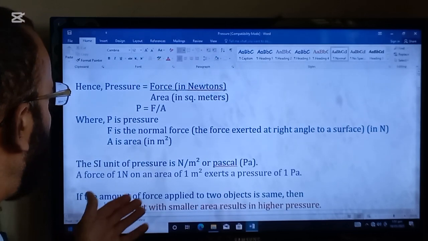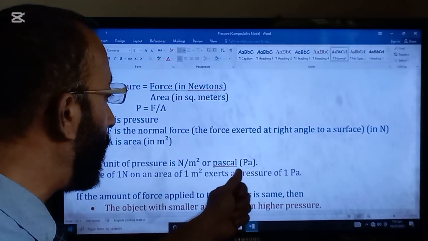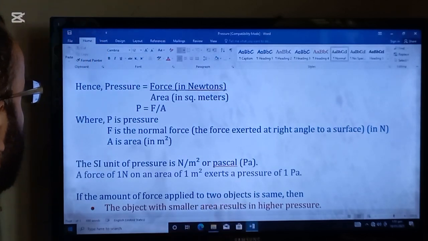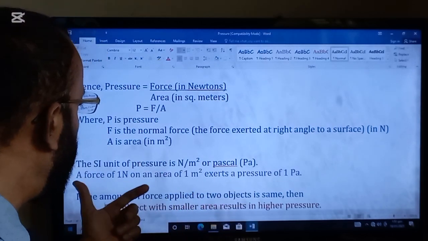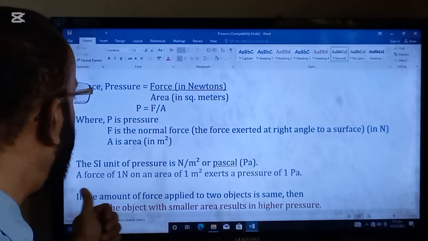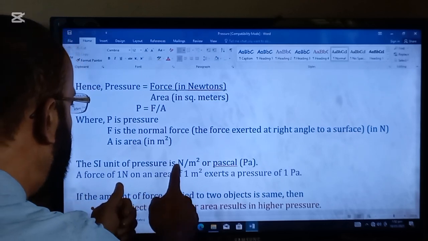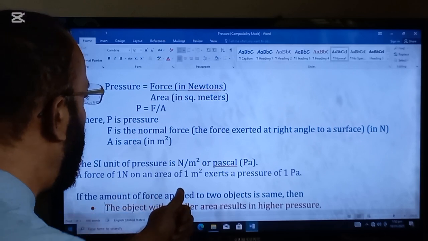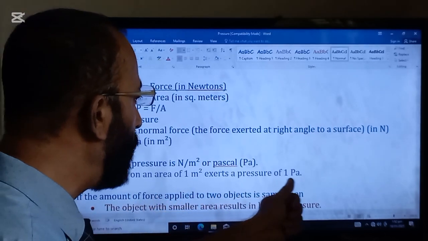The SI unit of the pressure is Newton per meter square or Pascal. And from here we can see the definition of the Pascal: a force of 1 Newton on an area of 1 meter square exerts a pressure of 1 Pascal.